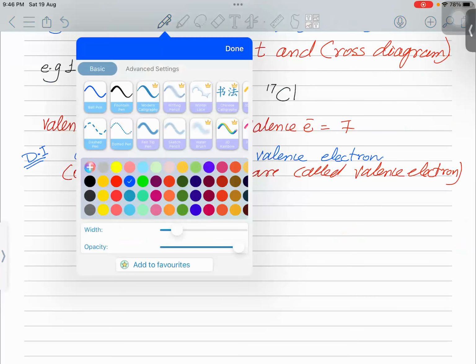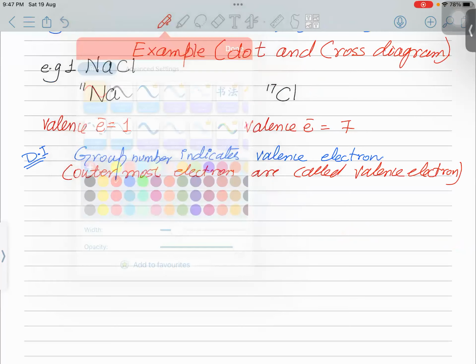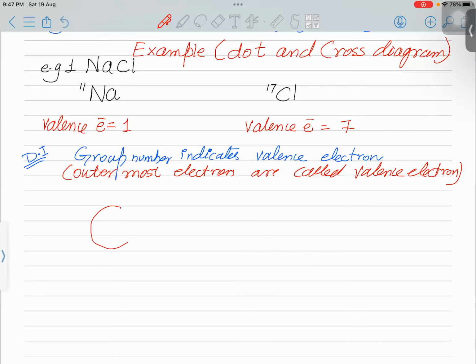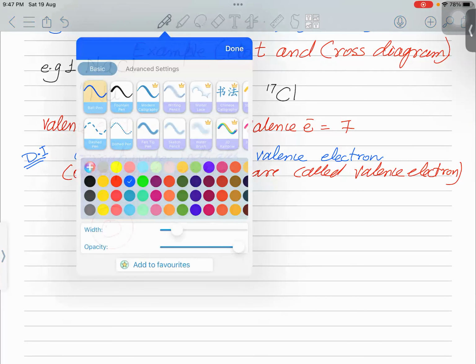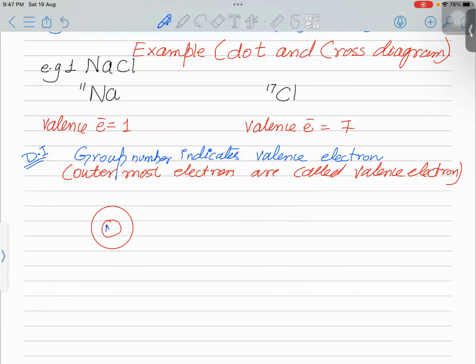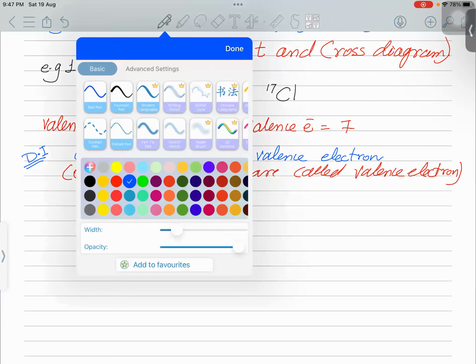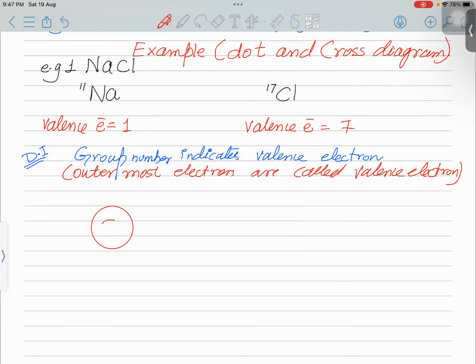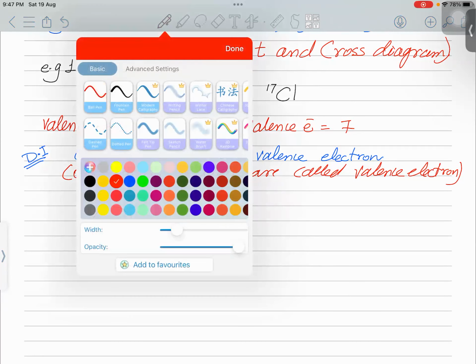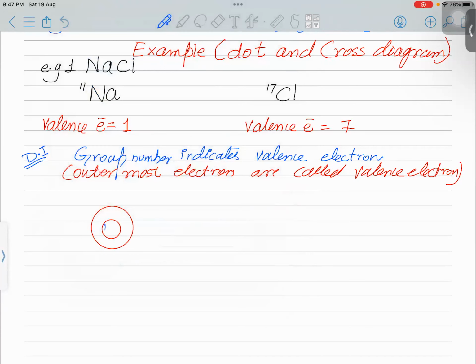Now sodium has 1 electron, right? So this is the valence electron of sodium. This is sodium. Proton is 11.